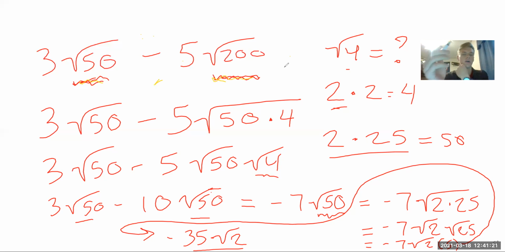Imagine these are variables, but we don't want to solve out the square root of 50, because if you put square root of 50 into your calculator, you get 7.0710678812. I don't want to write down 7.07, whatever it is, all the way down.